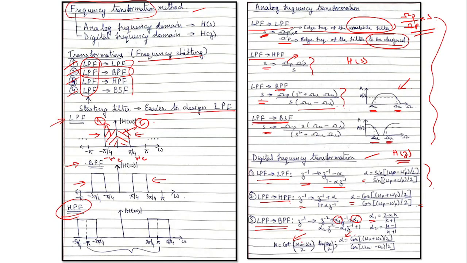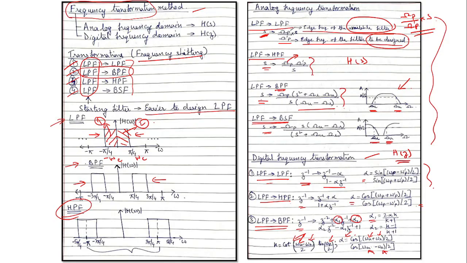If you see the k and alpha values, they will have omega u, omega l values, then the omega p value. Everything is basically the frequency components of your low pass filter, and then whichever filter you have to convert it to, the specifications of those filters will be given.